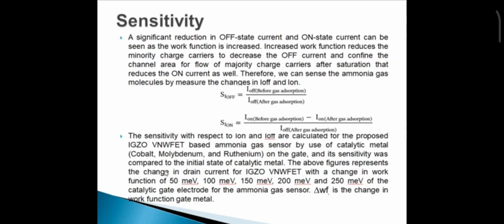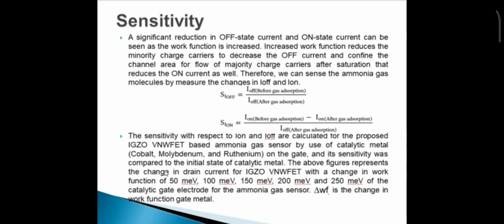The sensitivity with respect to I on and I off is calculated for the proposed IGZO vertical nanowire field effect transistor based ammonia gas sensor by the use of catalytic metal gates: cobalt, molybdenum, and ruthenium.